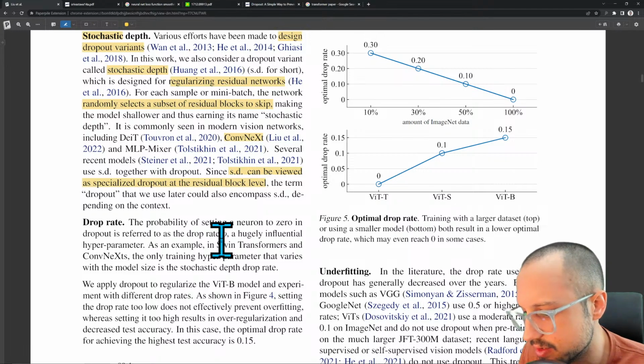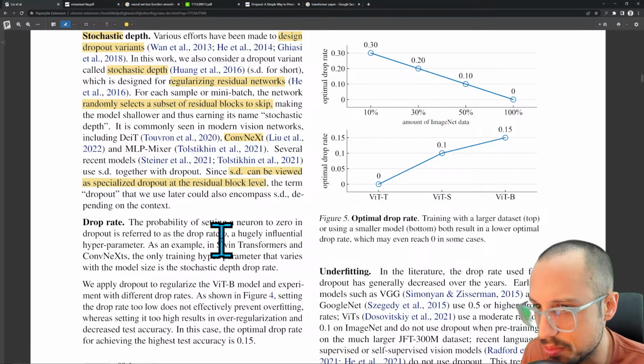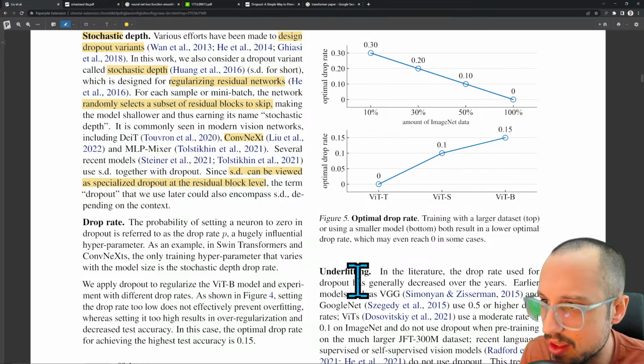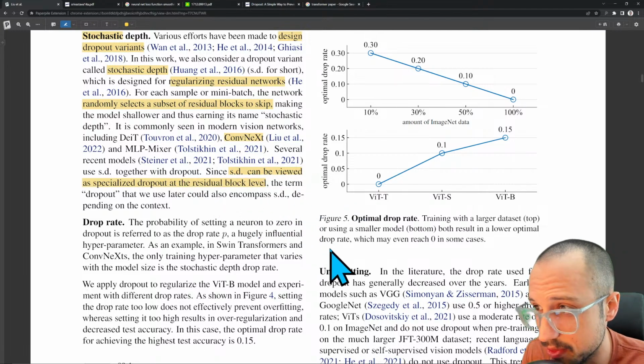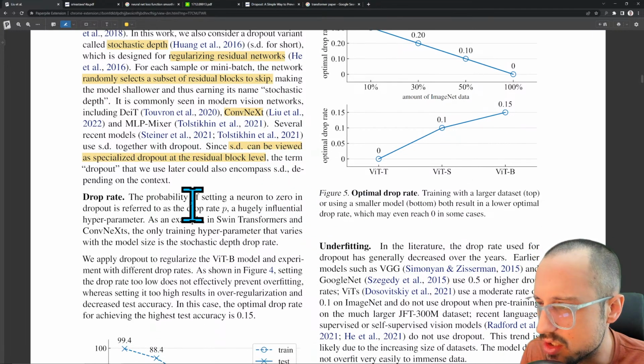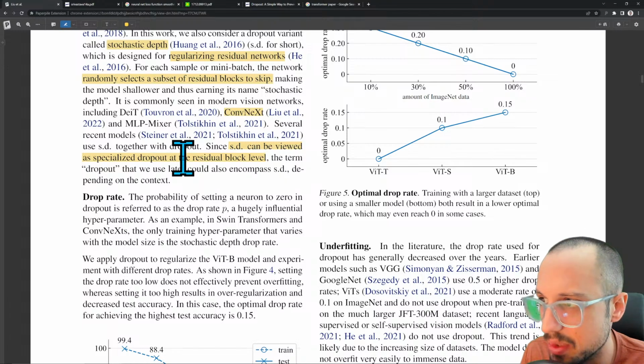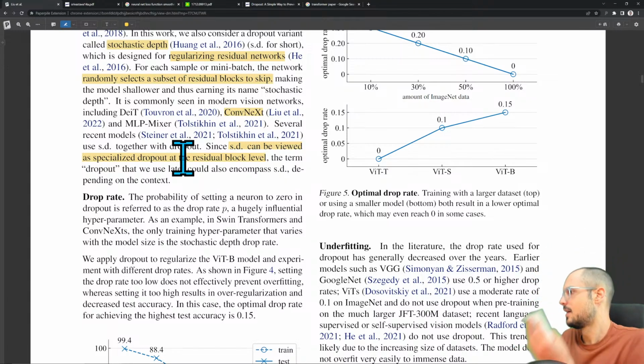So the findings in this paper might not necessarily be applicable to other types of dropout. But here they're saying, maybe they are. Even though we don't really mess with stochastic depth, which is a variant of dropout, we're somewhat certain that the conclusions we come to in this paper could also be applicable to stochastic depth.